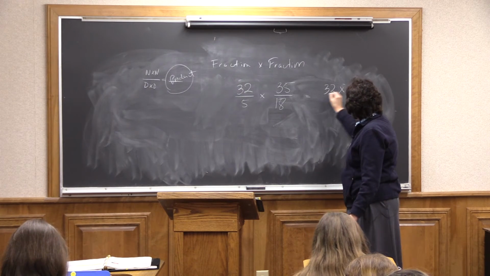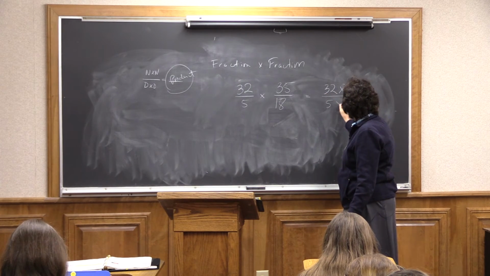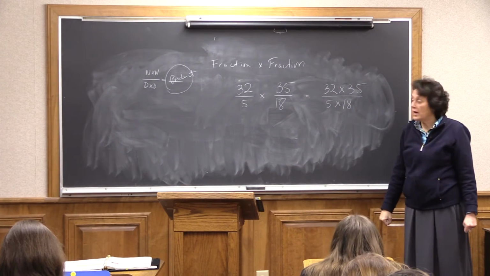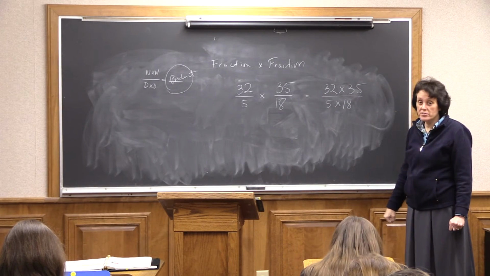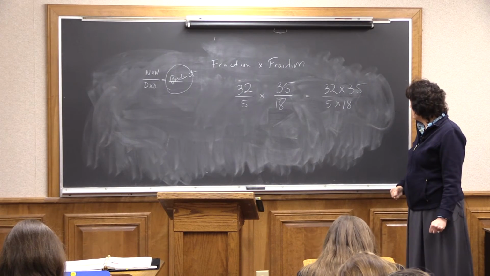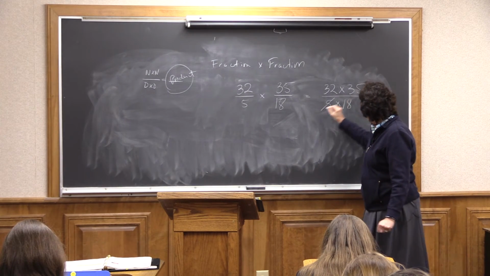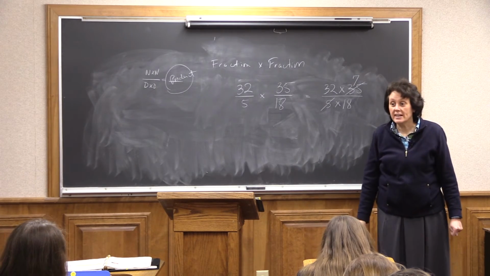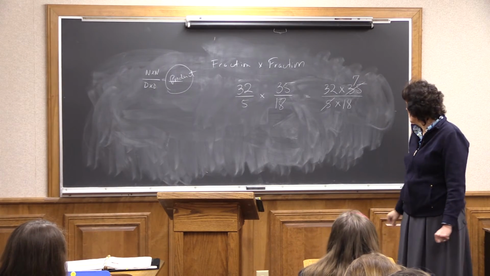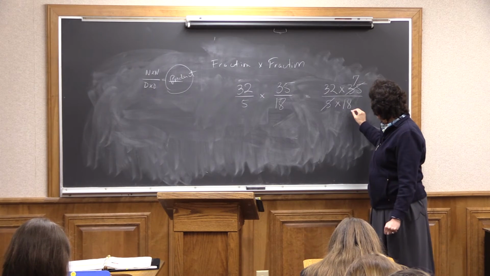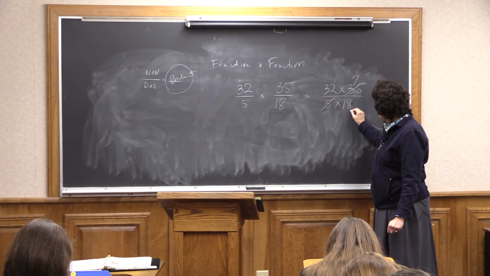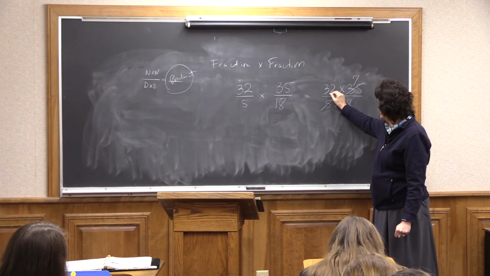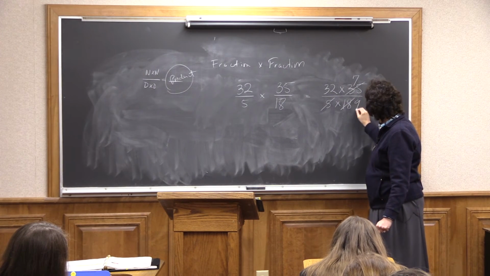Here's one way you can think of it. I'm going to be multiplying the numerators times the numerators and the denominators times the denominators. I can get rid of that 5, can't I? I have a 9 times 2 here. I have a 2 times 16. I can get rid of a 2.